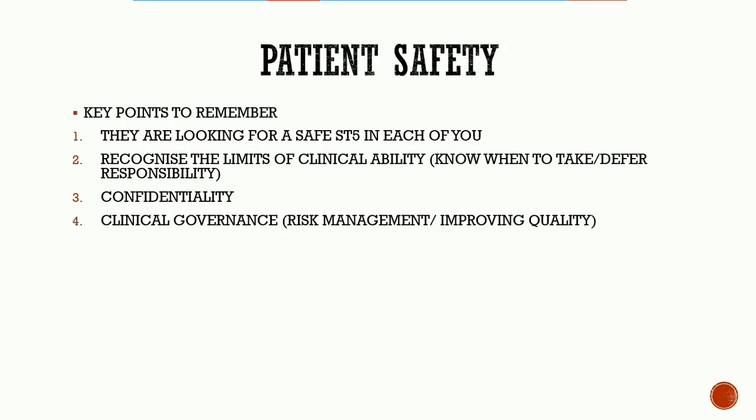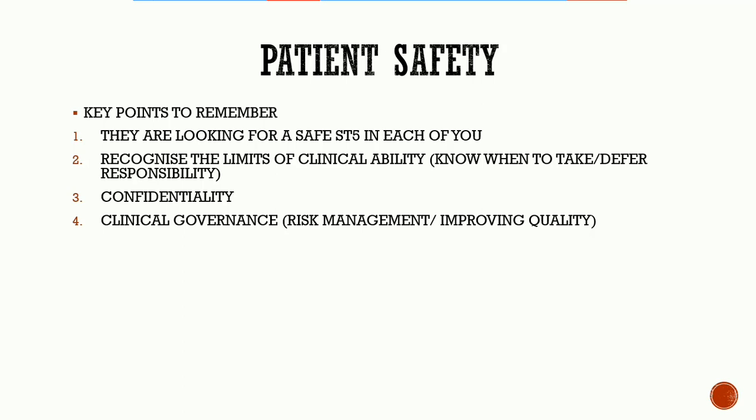Okay, coming to this particular area of clinical governance, which is very important for you to know and understand in most of the stations. It involves a lot of things, like one of the important things we need to know is risk management. A class on clinical governance can go on and on, but I will shorten it for you just to highlight a few important points.